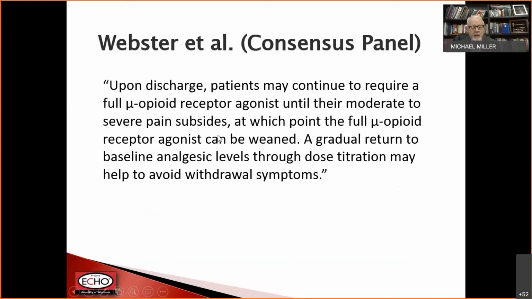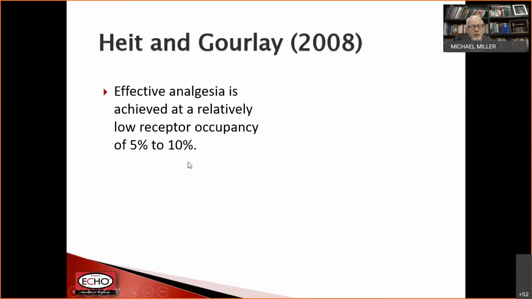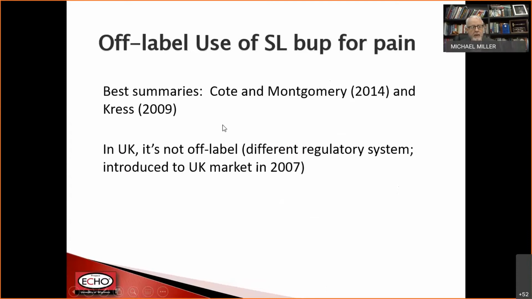So keeping that background of bup is interesting, and that's certainly what we're doing on the consult service at UW these days. Again, if you get down to 8, you'll have more receptors open for other things to work. It is interesting that you can get good clinical relief of pain even if you only occupy 5 or 10% of receptors, says this whole paper by Howard Height.